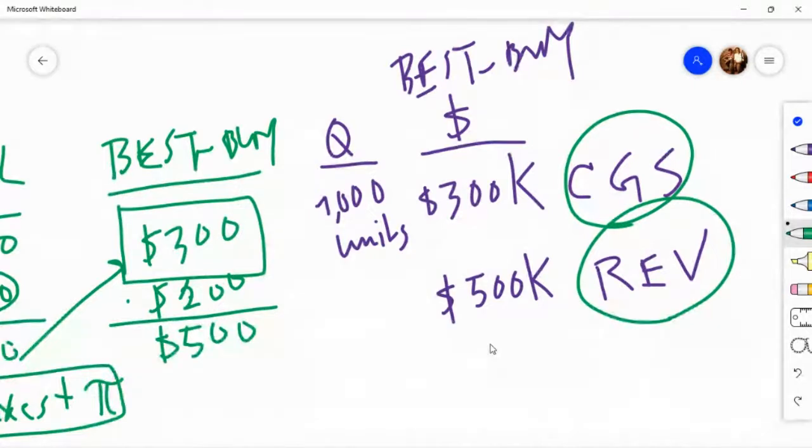So that's why sometimes cost of goods sold is also called cost of revenue. And that makes sense. I just explained to you. CGS is the cost side of the revenue, and revenue is the price side of the CGS, right?